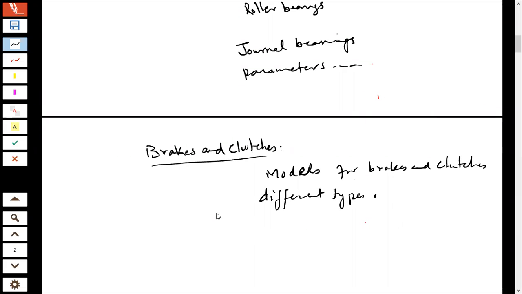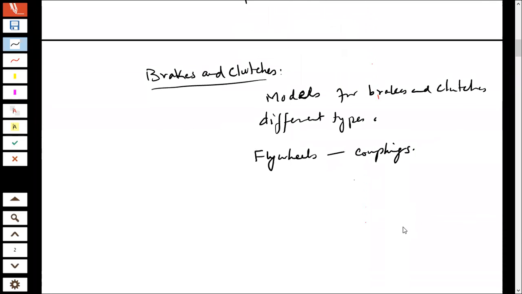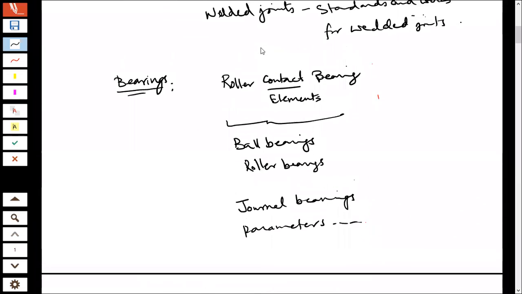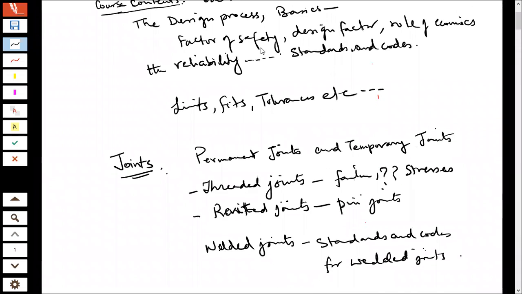We will also talk about flywheels and couplings a little, and that should be it. That's your whole course.